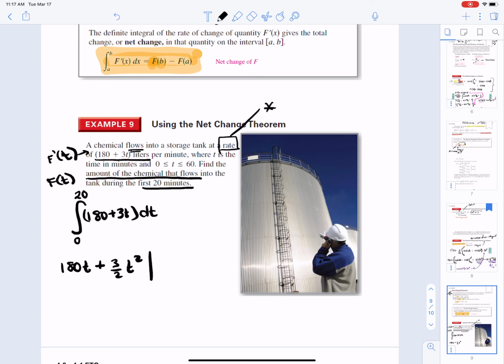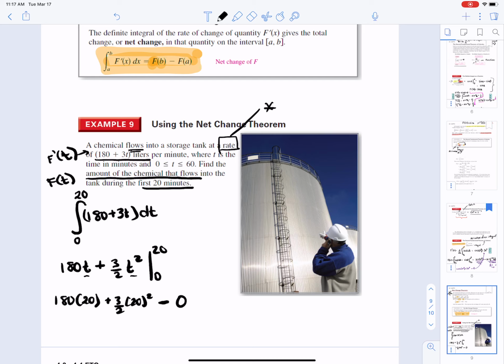And I want to evaluate that integral from 0 to 20. So I take 180 times 20 plus 3 over 2 times 20 squared minus, subbing in 0 here and here will give me a 0.